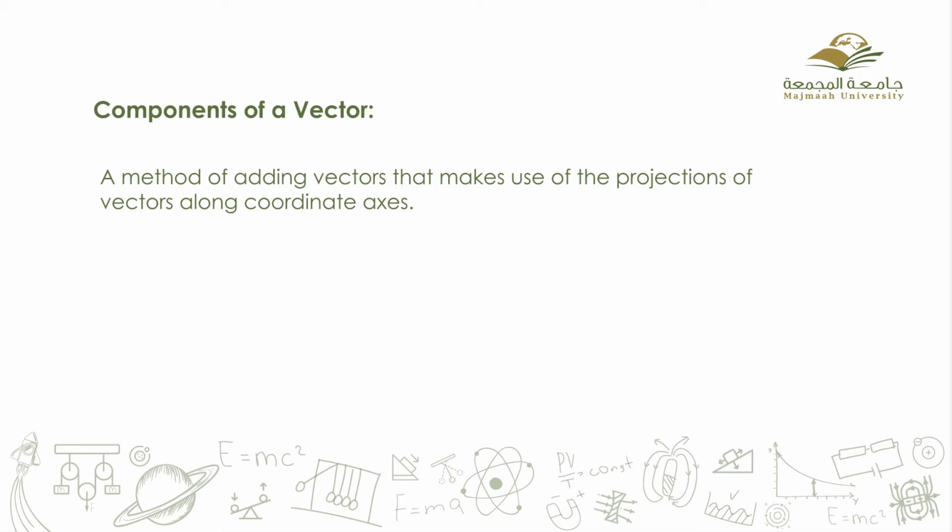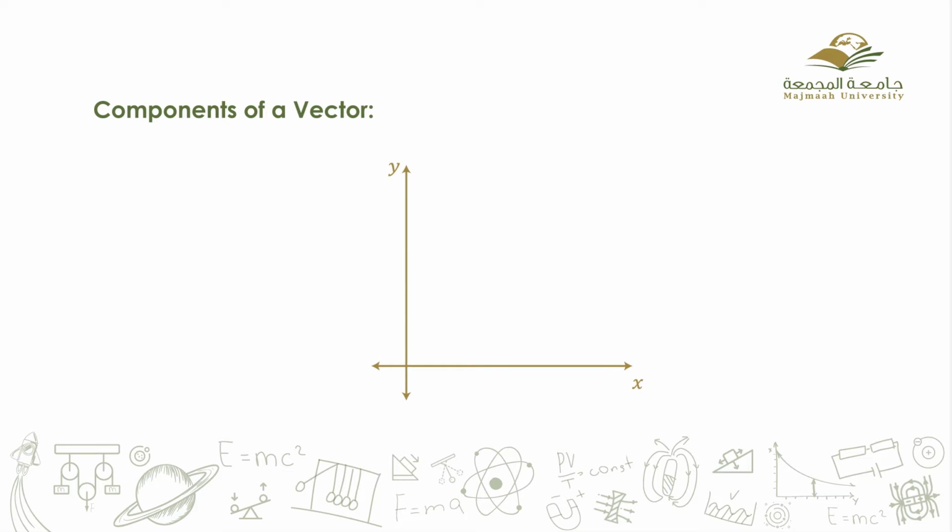Okay, this is a method of adding vectors along two directions, or on two axes, which are the x and y. In the opposite direction you can see a direction which represents the vector A and has an angle with the x-axis. So we have a vector A that makes an angle theta with the X axis. So I have two components, AX and AY.